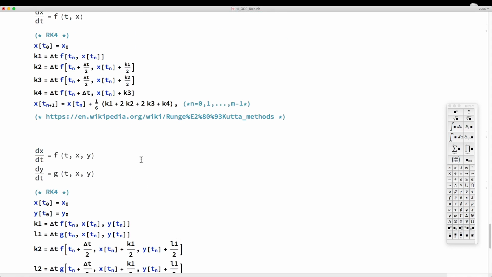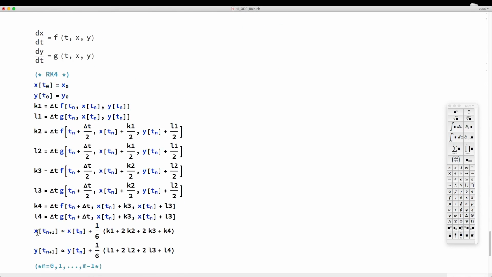And then in the end, the final time step, the next step for x is simply this. It's the same as before, where we use all the k's to update x. So all the k's get used here for the first equation, and then all the L's that we computed get used in the second equation, since these were computed using the function g.